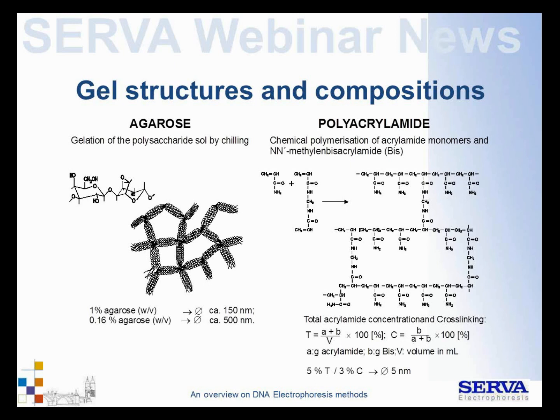You find in some molecular biology labs another definition, where the C value is the grams of acrylamide in the liquid, a percentage. You have to find out which value you are working with, because if you mix that up, you can get different gel properties.